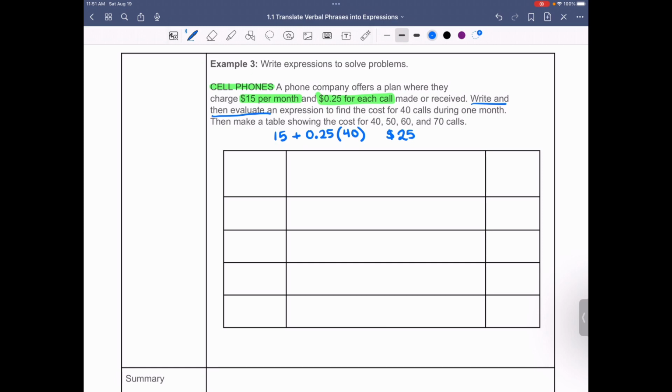Now let's make a table. And I made the table bigger on the top, so that way we can put number of calls. See, I made the top row wider so that we could write in there. And then the expression will go here.